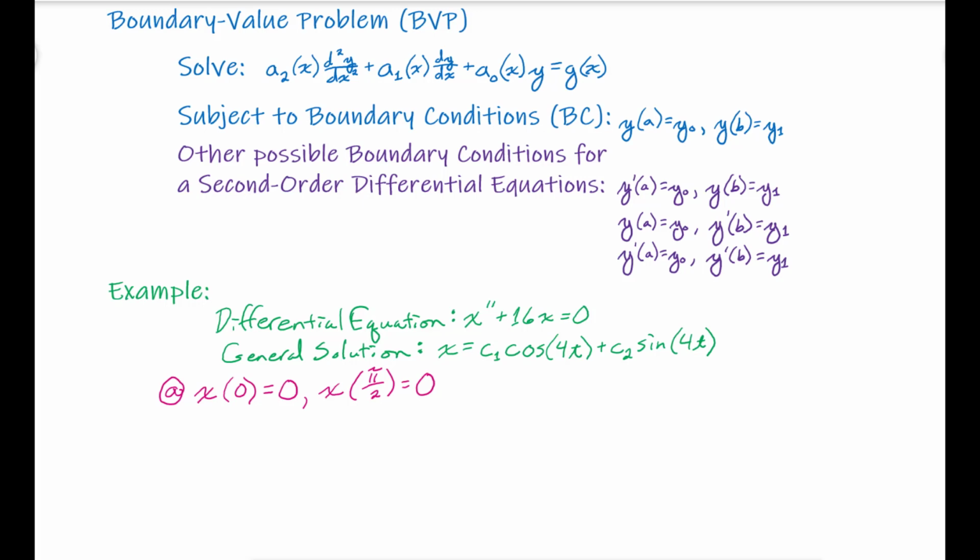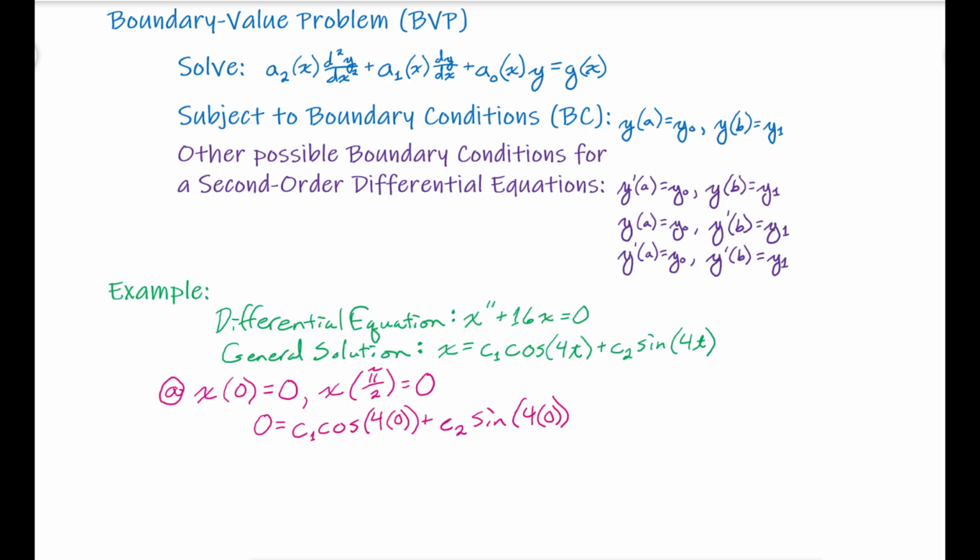So now we can use these to solve for our two constants. Let's plug in the first one first. So we'll put 0 in for t and 0 in for x. In doing so, I'll get 0 equals c1 cosine of 4 times 0 plus c2 sine of 4 times 0.